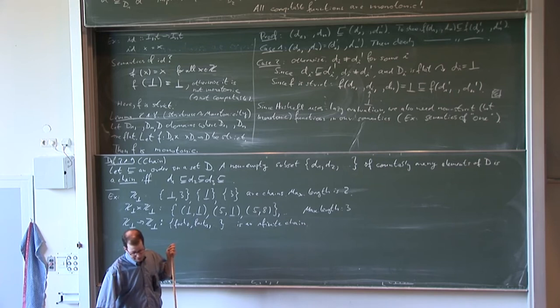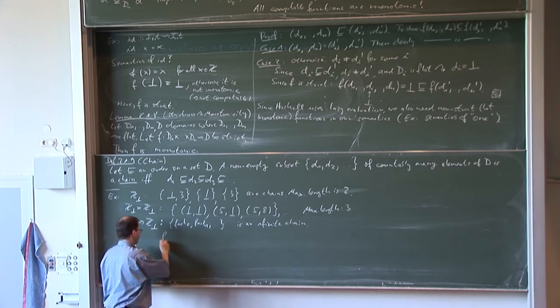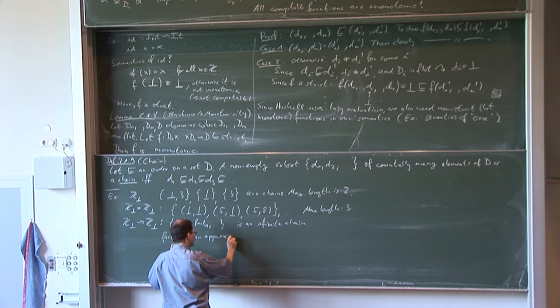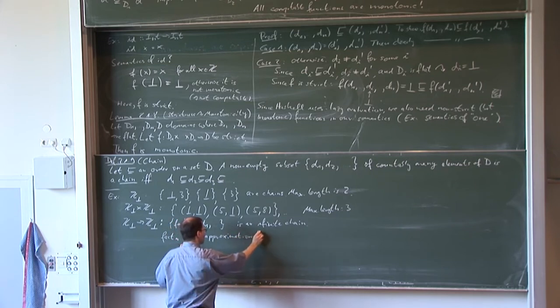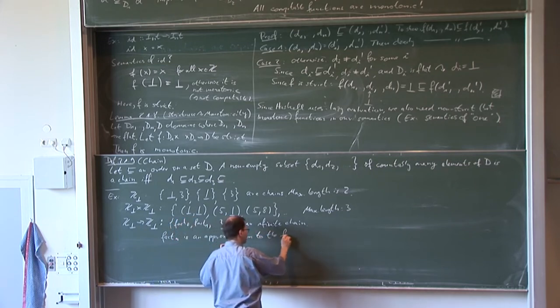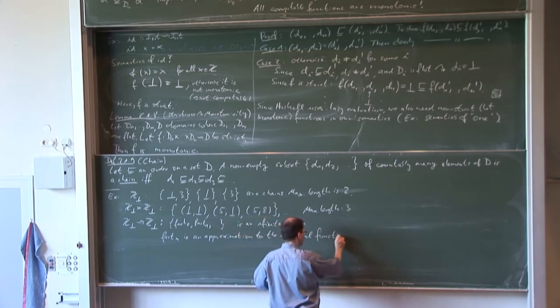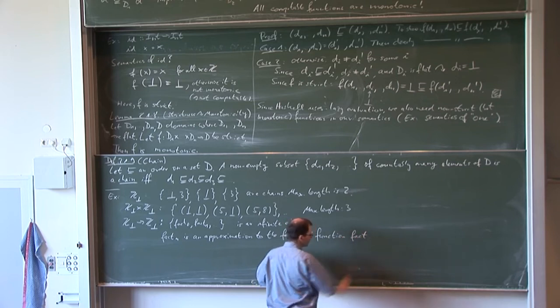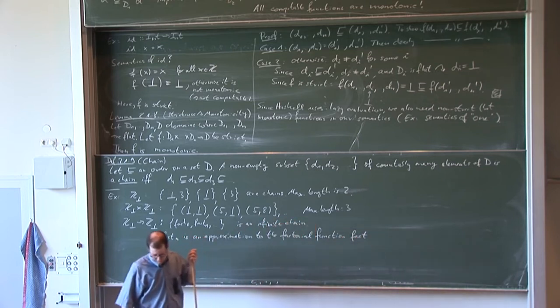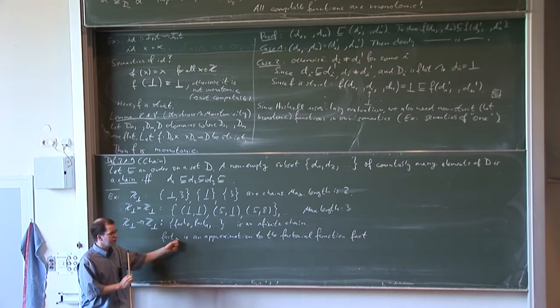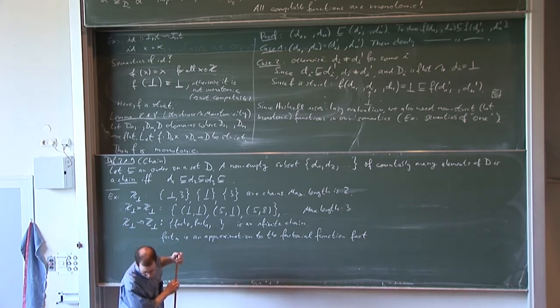And the idea is that each fact n is an approximation to the factorial function fact. And it is like fact for all arguments up to argument n minus 1.